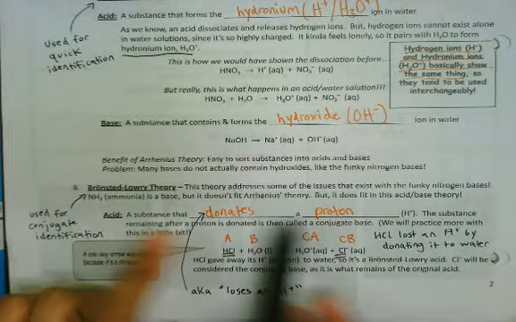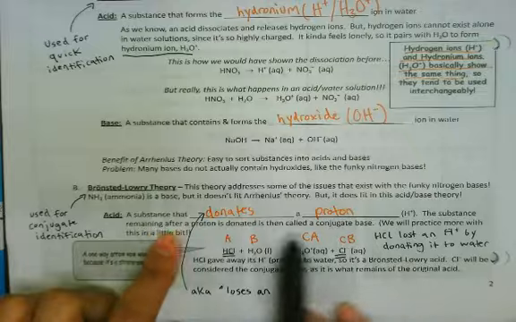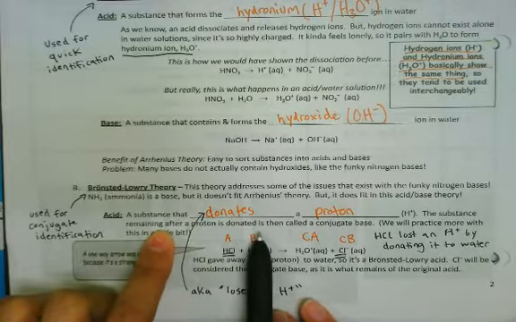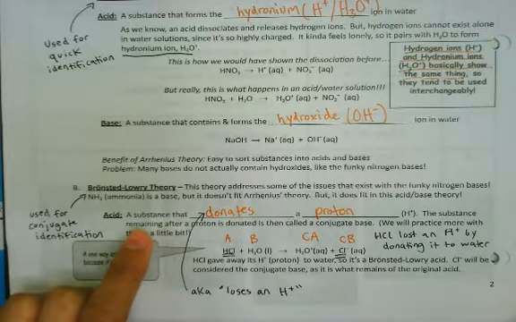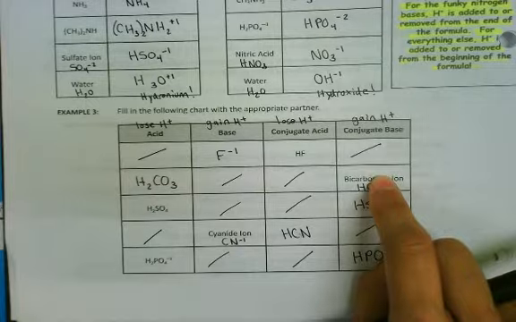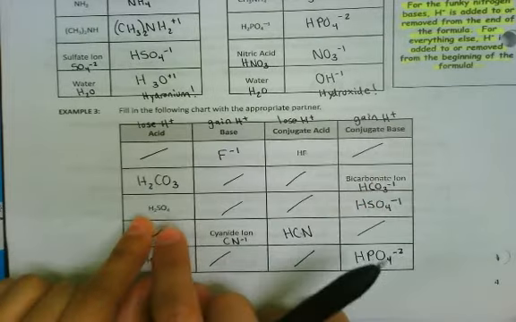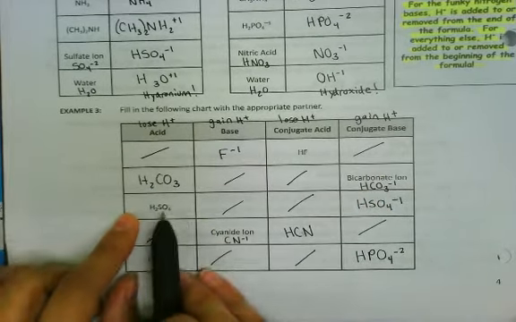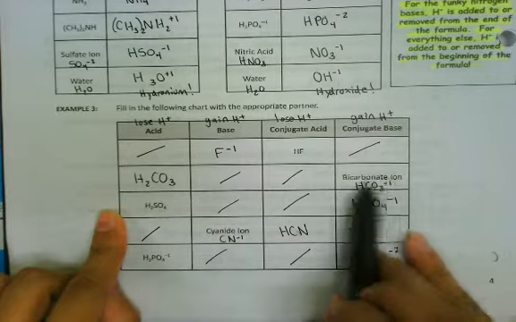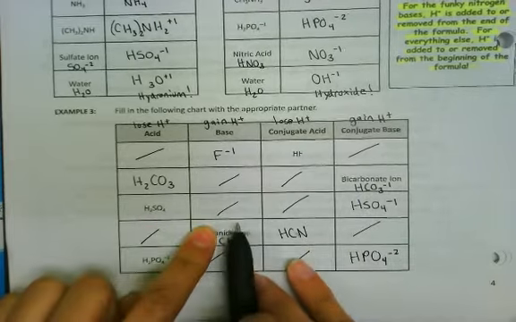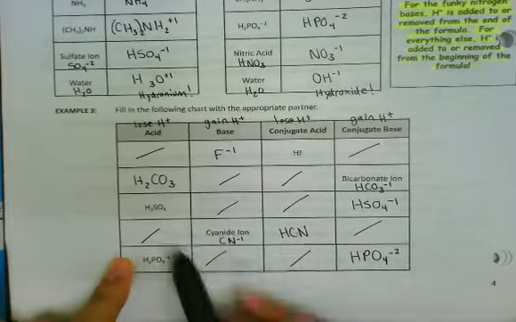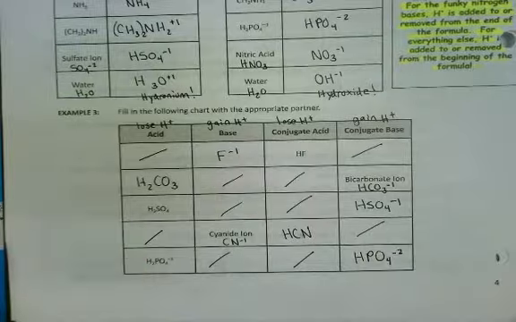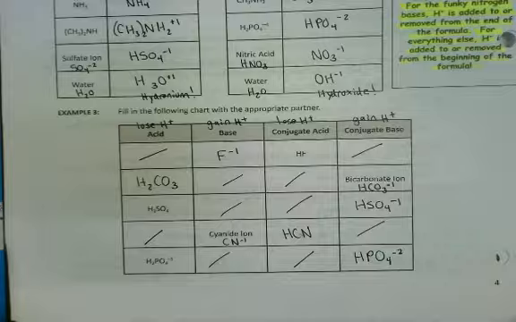A substance that donates a proton is an acid, and whatever remains after the proton is donated is then called the conjugate base. So there are only 2 things that make up a pair, and you had to identify that an acid goes with a conjugate base, and a base goes with a conjugate acid, and so you could just mark out these other things since you didn't need to fill that out. Does that make more sense? Yeah? Okay. Any other questions there?